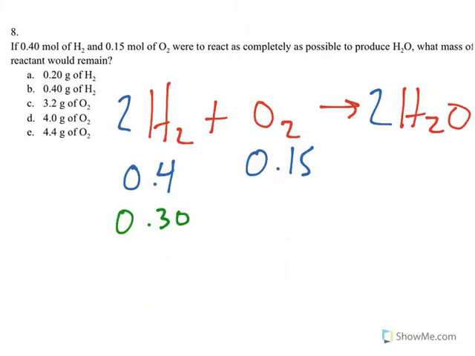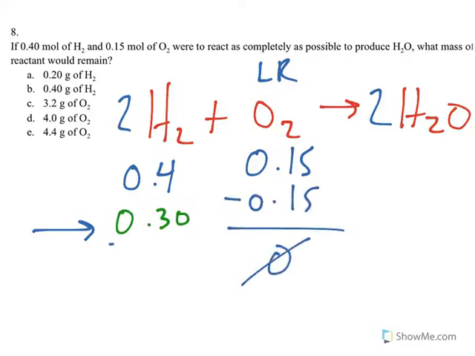So with that being said, oxygen is your limiting reactant, and you're going to wind up using 0.3 mole of hydrogen. So when this reaction's over, you will have used all of your oxygen, but you will have only used 0.3 of your 0.4 moles of hydrogen, leaving you with 0.1 mole of hydrogen.